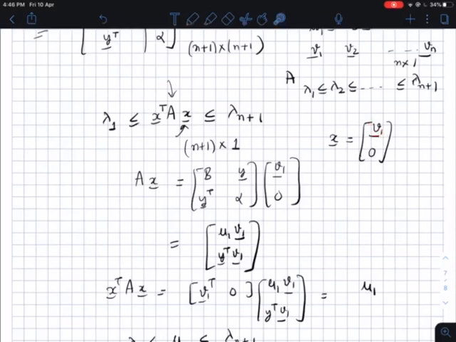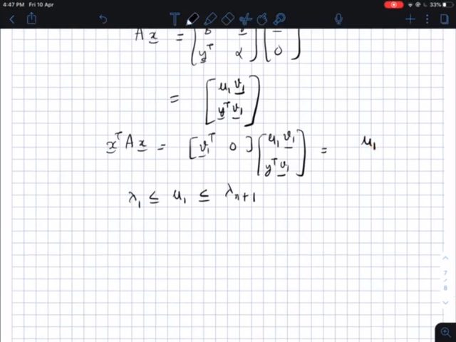If you had picked a v2, you would have gotten mu2 here, and that could have given you lambda 1 less than or equal to mu2 less than or equal to lambda n plus 1. So basically what this tells you is that any eigenvalue of B lies between lambda 1 and lambda n plus 1.